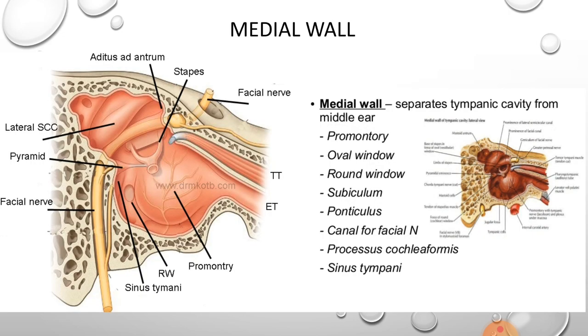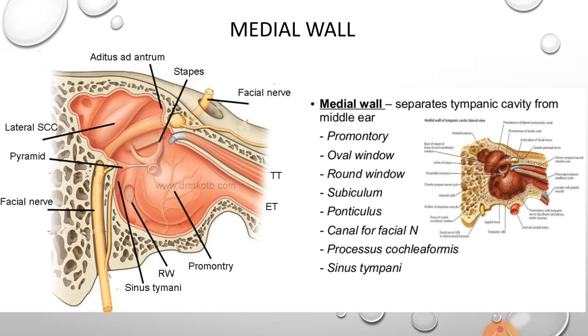Now we come over to the medial wall. There are very important structures on the medial wall. The medial wall separates the tympanic cavity from the internal ear. The important anatomical landmarks that you see on the medial wall of the tympanic cavity are the promontory.